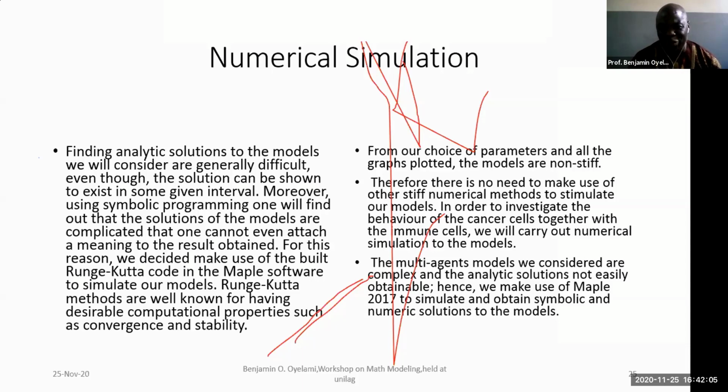Many people are saying that people that are in modeling are not serious mathematicians. That is not true. Because for you to be a modeler, you must have thorough knowledge of pure mathematics itself. You formulate a differential equation. You must be able to know under what condition the model equation exists. So knowledge of existence and uniqueness, or whether the problem is well posed, which means the solution exists and is uniquely determined by initial conditions or initial data.